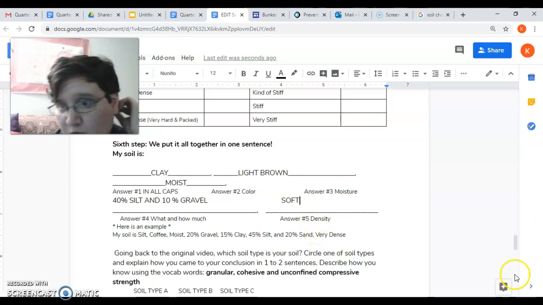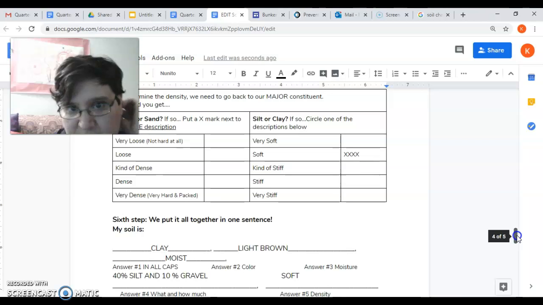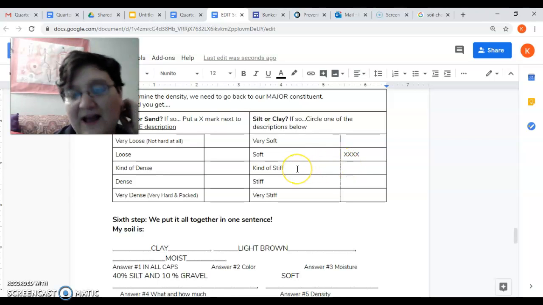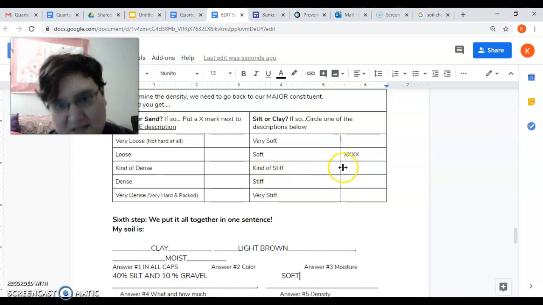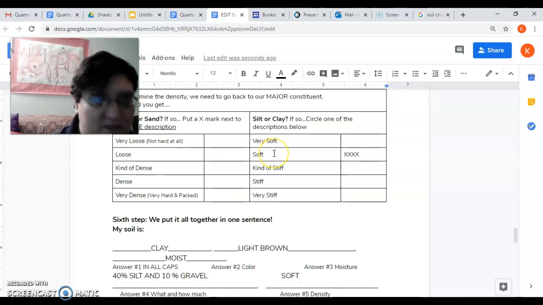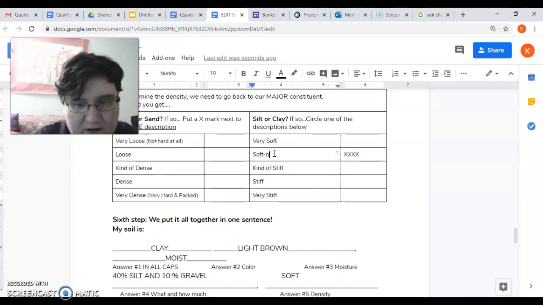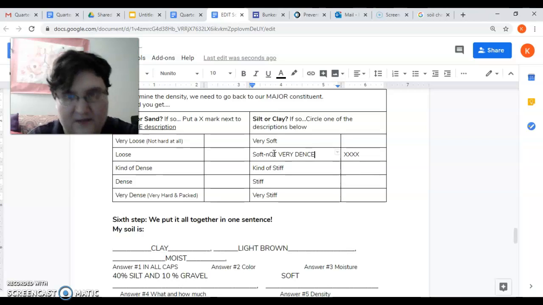So what we could say for density too is, if it's very, very, very stiff, that means it's very dense. If it's kind of stiff or even kind of soft, I would say it is sort of dense. Actually, I would only say it's sort of dense if it's kind of stiff. If it's soft or very soft, I would say that it's not very dense, right? So this, to me, would be not very dense.